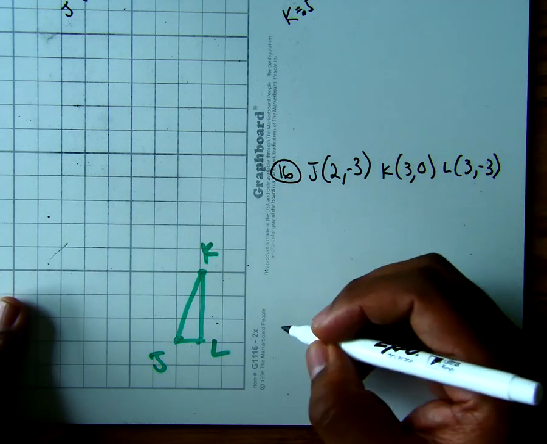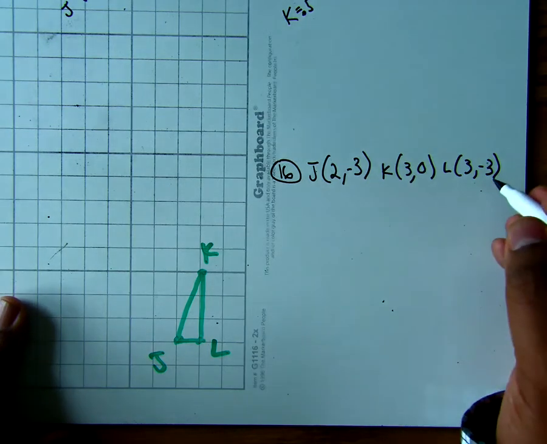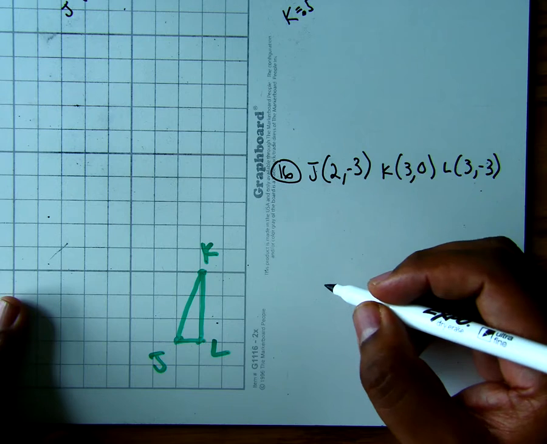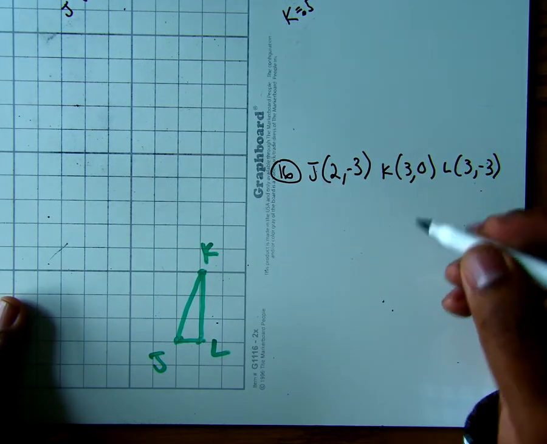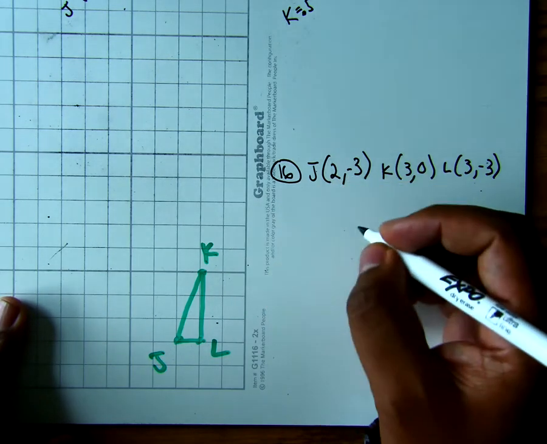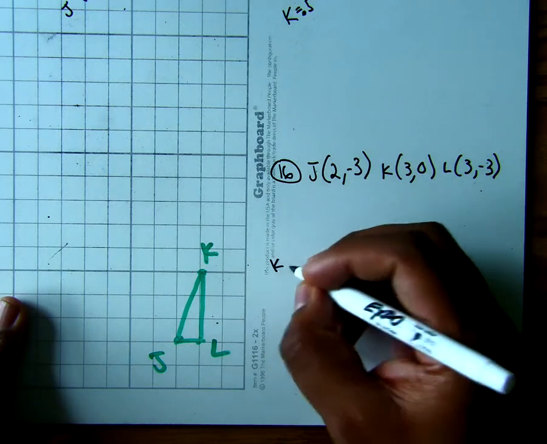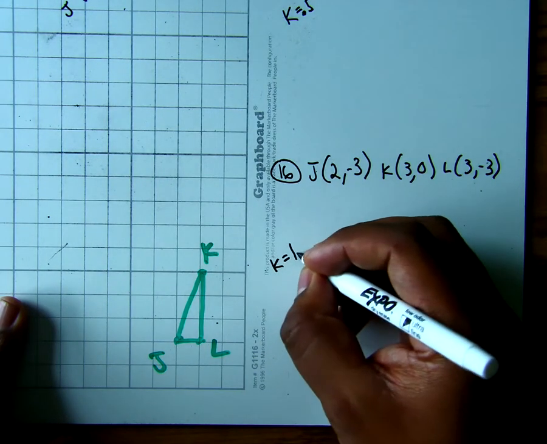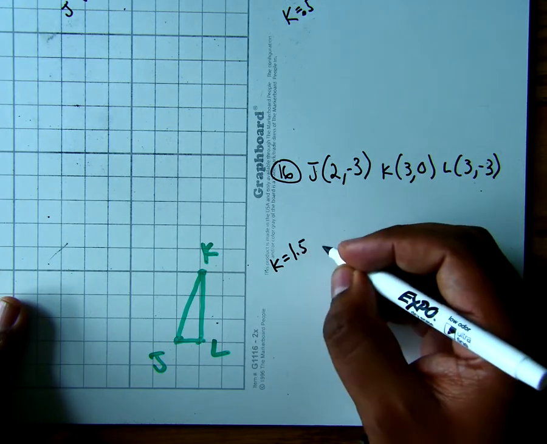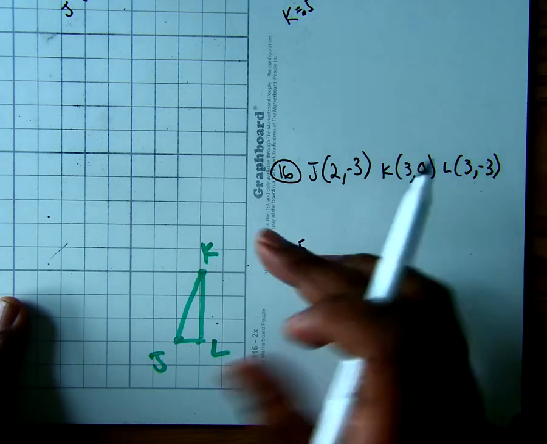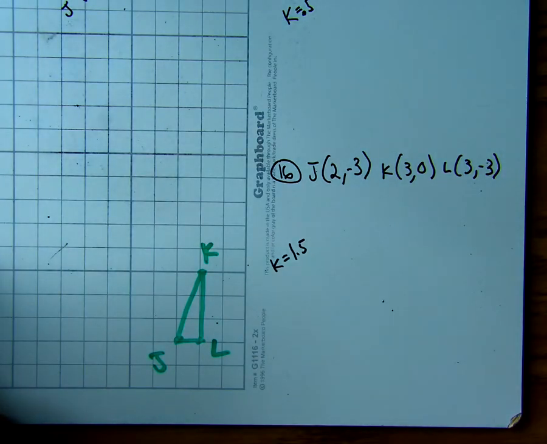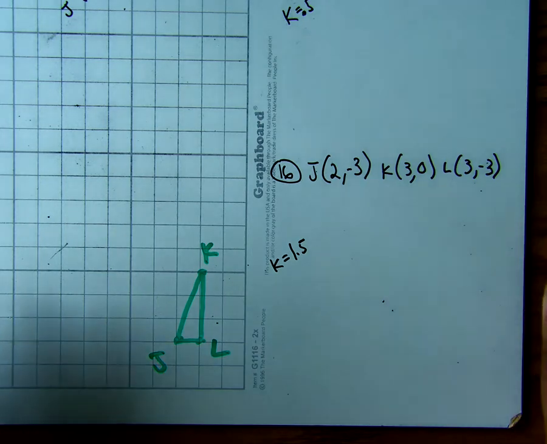Now we need the scale factor in order to find the image. Okay, so our scale factor in this problem is going to be 1.5. And since it's larger than 1, the image gets bigger or enlarged, keeping the same shape but changing the size.